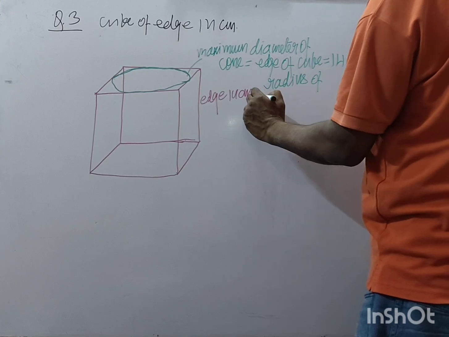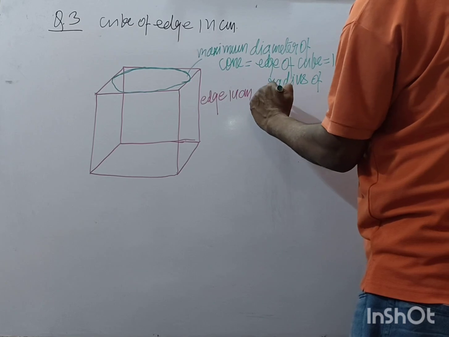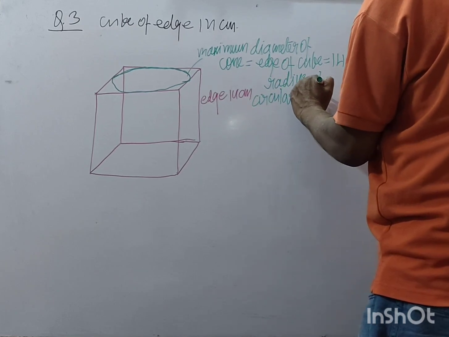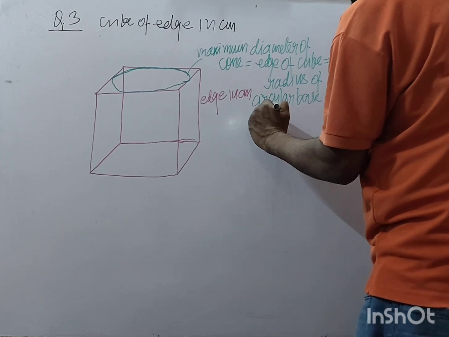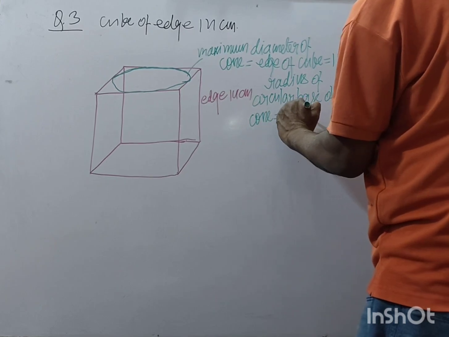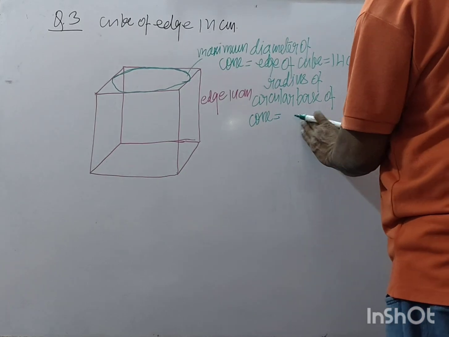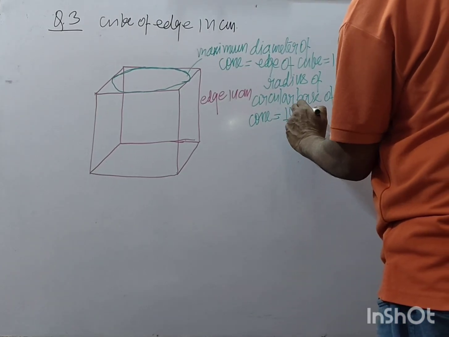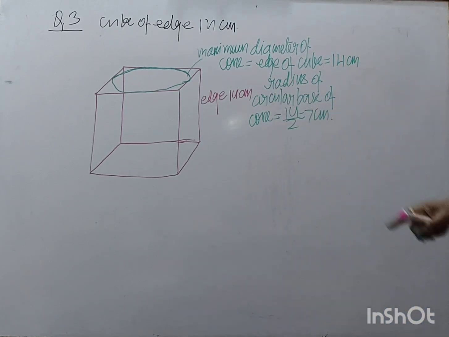of the circular base of the cone is equal to 14 centimeter. Radius is 14 by 2 becomes 7 centimeter, right?